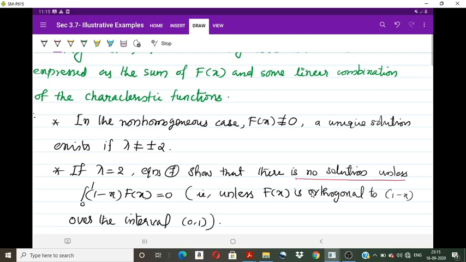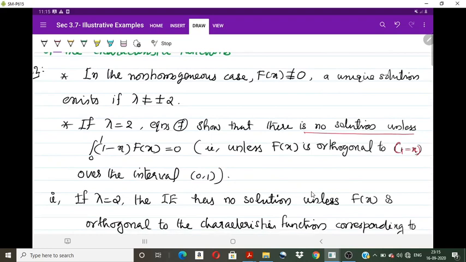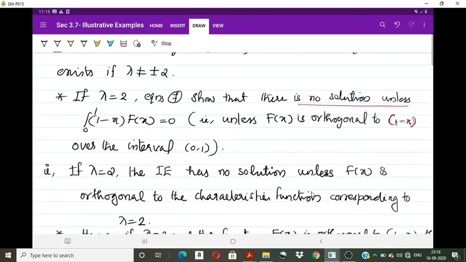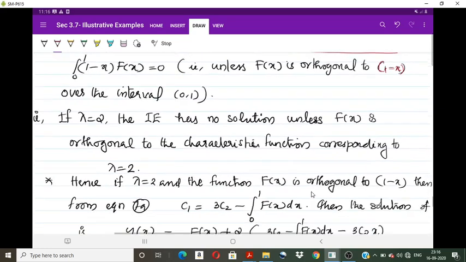That is, unless capital F of x is orthogonal to 1 minus x over the interval 0 to 1. If lambda equal to 2, then the integral equation has no solution unless capital F of x is orthogonal to the characteristic function corresponding to lambda equal to 2.